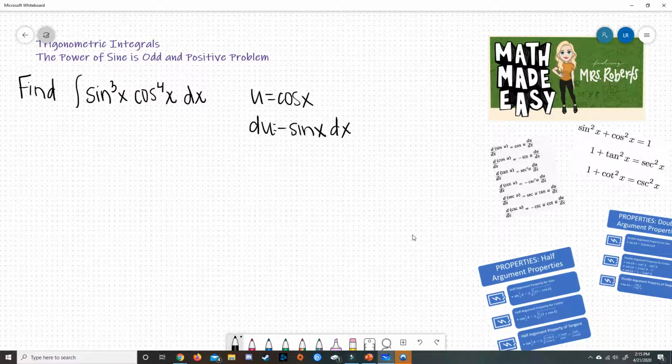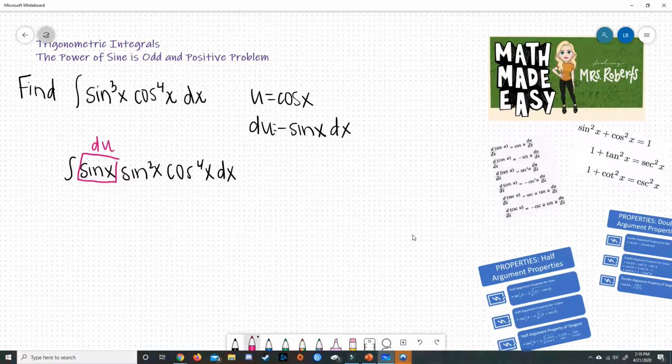So let's see here. If I only want one sine of x, I could rewrite this as the integral of sine of x times sine squared of x times cosine to the fourth power of x dx. Now, this sine of x we're saving to end up ultimately being our du.